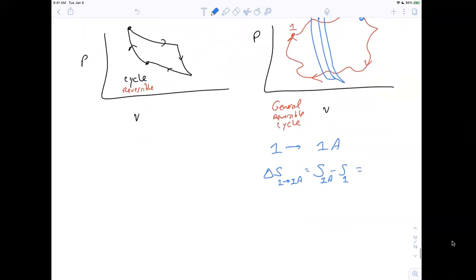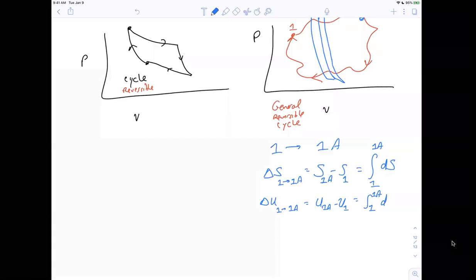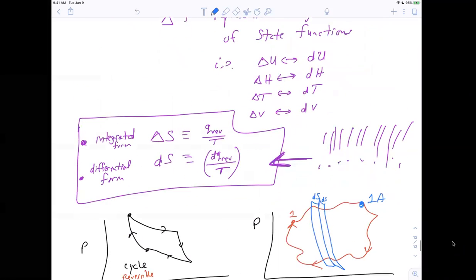All you would have to do is integrate ds from state 1 to state 1A. Just as, by analogy, if you wanted delta U to go from 1 to 1A, which is just U at 1A minus U at 1, you would take the integral from 1 to 1A of dU. We can do the same with ds. But for ds, we have this expression now given above, which is the differential form.